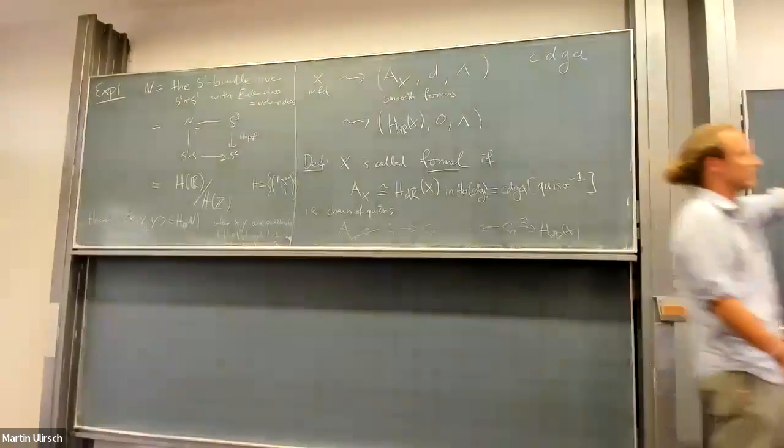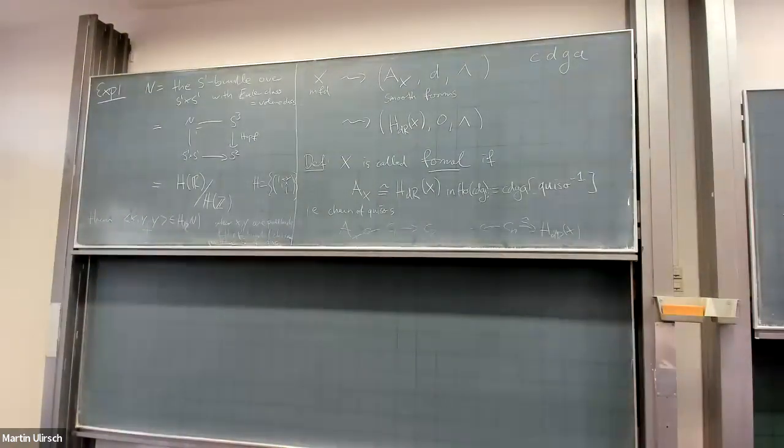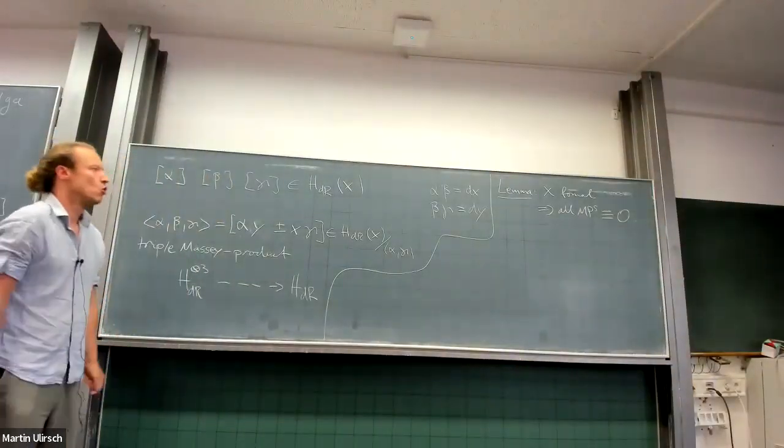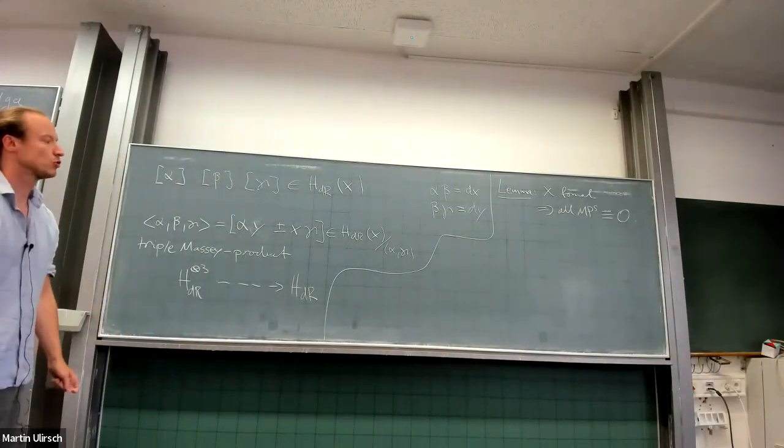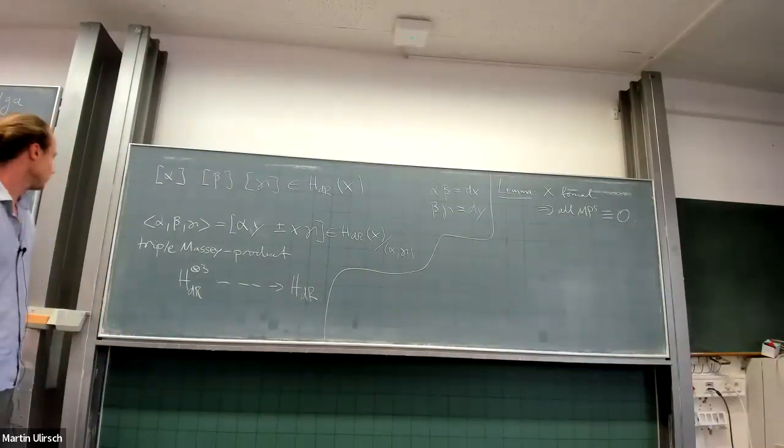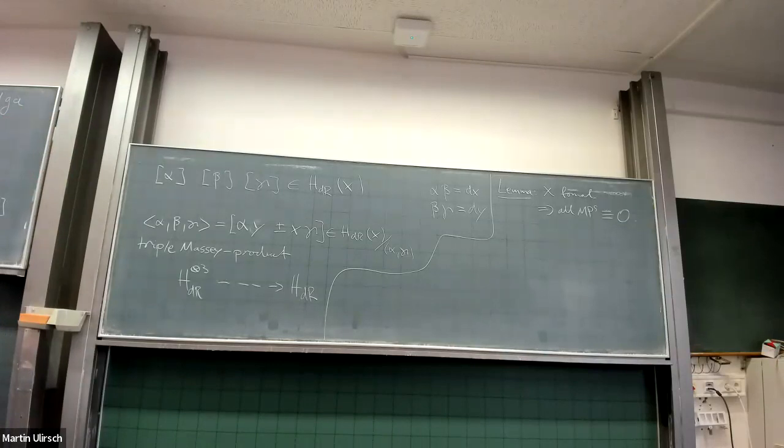So if we plug this in, the only way we can take primitives is by taking the zero primitive. Okay, so then all messy products have to be zero. If we have this property of formality, then all our products vanish.